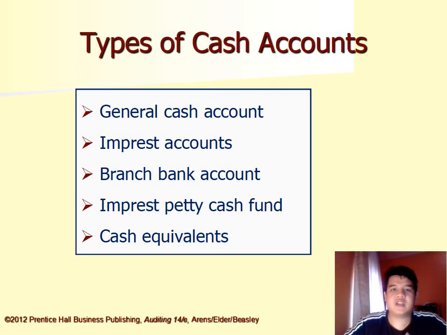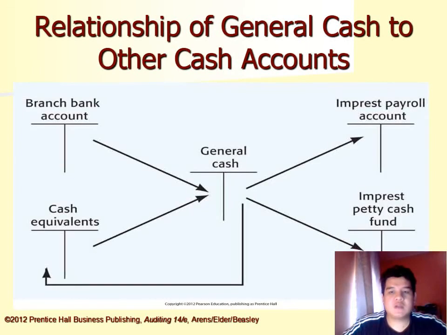Companies will often invest excess cash in short-term, highly liquid cash equivalents. These may include time deposits, certificates of deposit, and money market funds. On this figure, it shows the relationship of general cash to other cash accounts.